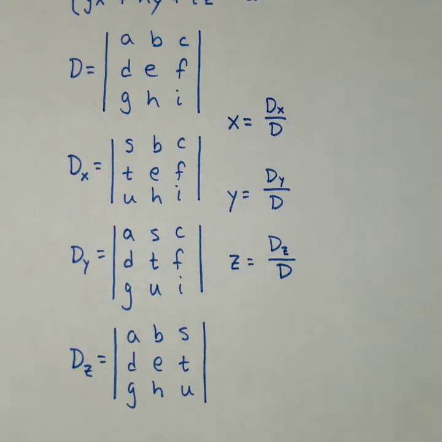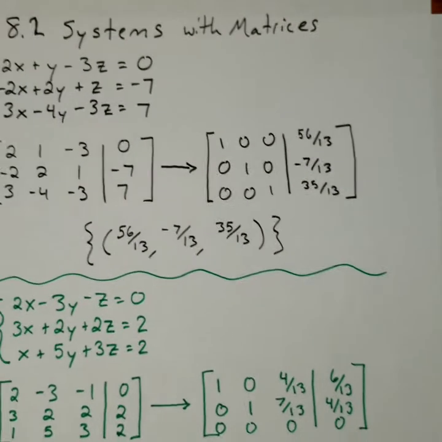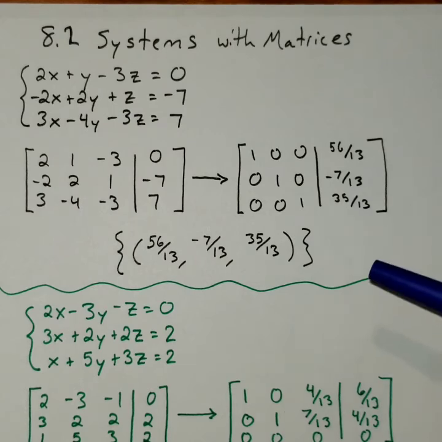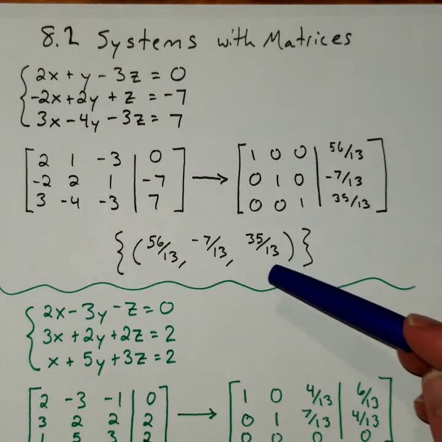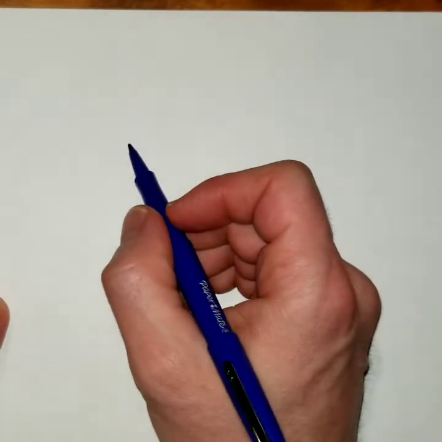This time I'm going to apply this technique, this Cramer's rule, to a specific example, and again, this is one that we've seen before from a previous video, the one that had these weird fractions with the 13ths on the bottom. I'm going to go ahead and do that one, and you'll see how the determinants show up.